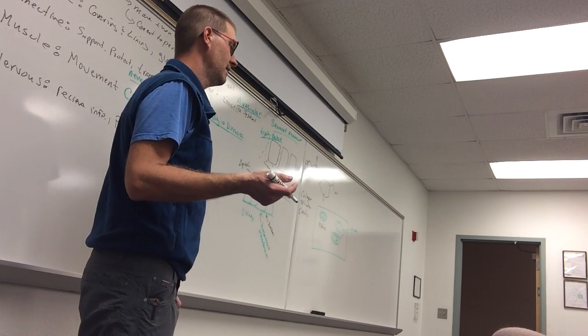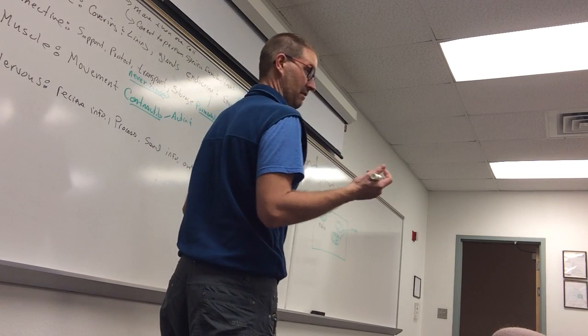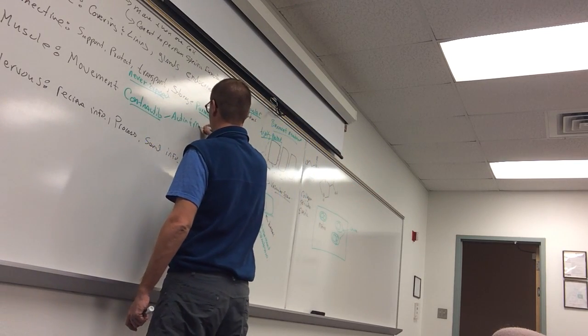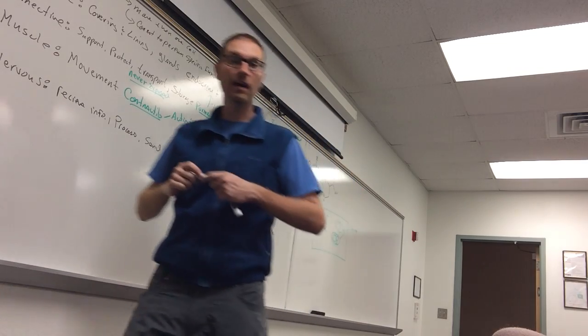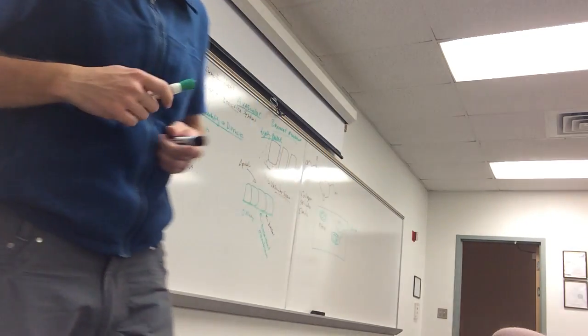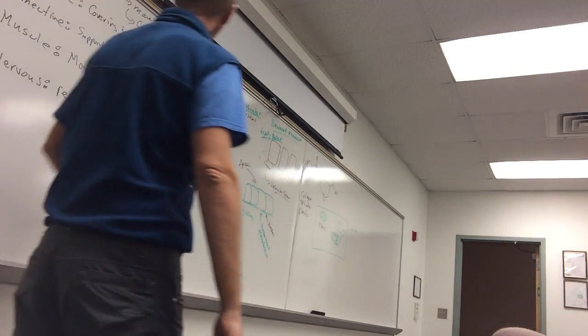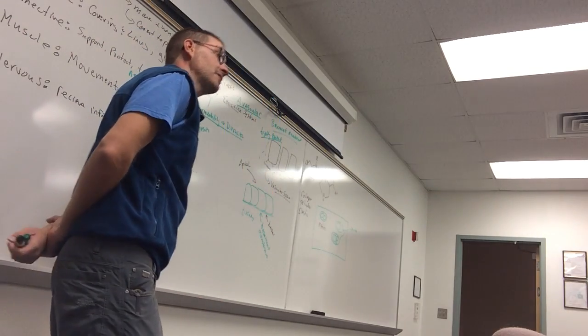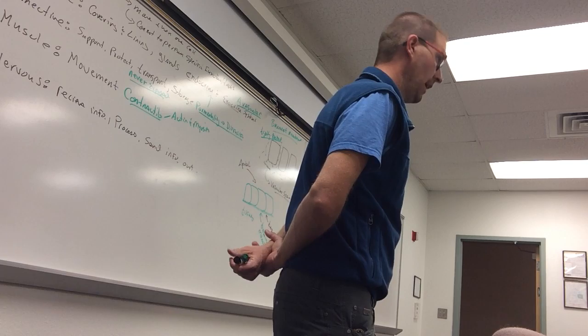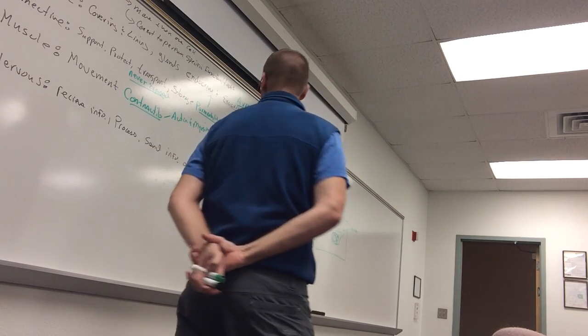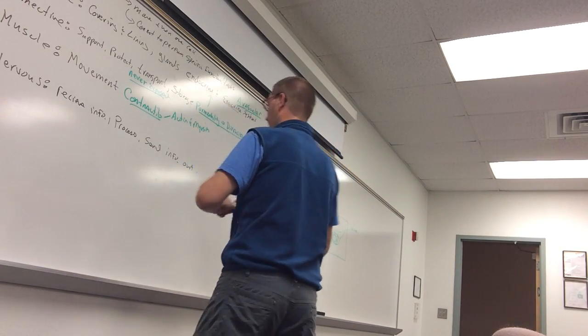Actin and myosin fibers are the actual contractile components of the muscle tissue. Okay? And if you had to guess, is muscle tissue going to be vascular or avascular? Vascular, right? Why do you suppose it needs to be highly vascular?